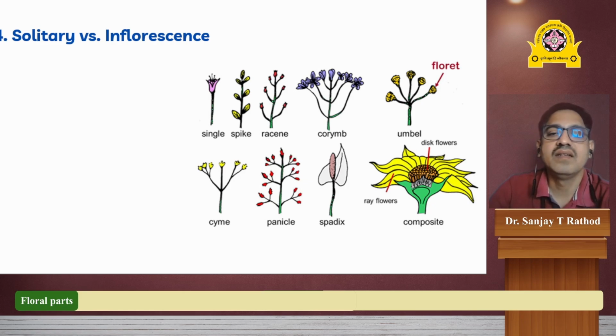And in case of spike, so many flowers are there in this spike. Raceme, corymb, umbel, cyme, panicle, spadix, and compound. Solitary versus inflorescence: solitary means it's only a single one, whereas in the other types, the number of flowers are many.